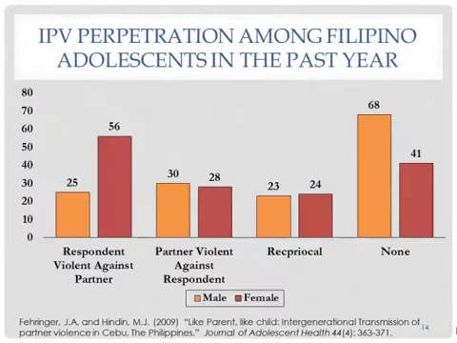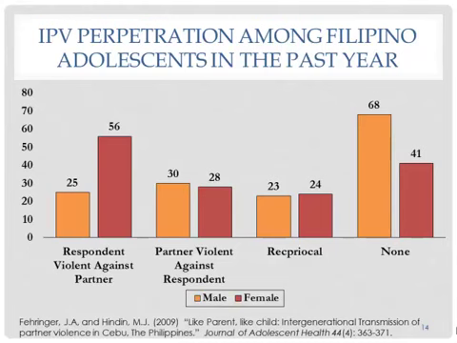Okay, and so what we find are some surprising, but not surprising to my collaborators, results. So we divided the data up into the respondent being violent against a partner, the respondent reporting that the partner was violent toward him or her, that the violence was reciprocal, or that there was no violence.